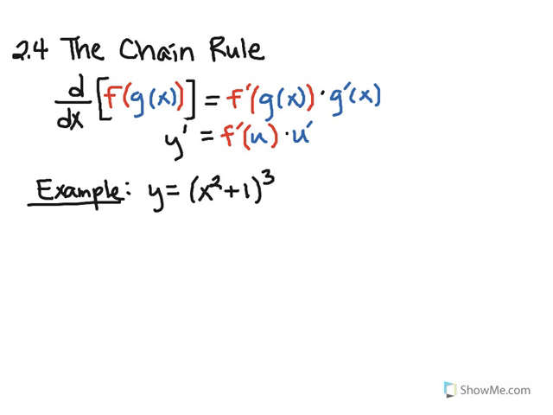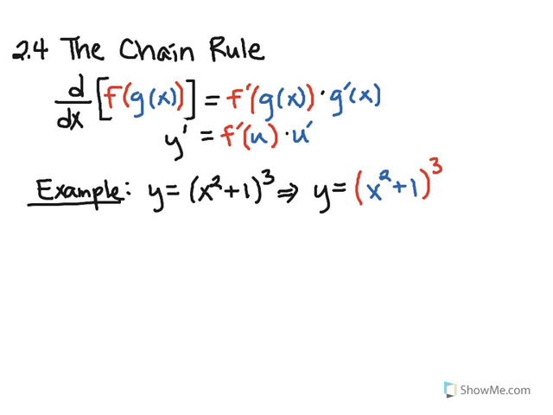So I'm going to rewrite this using color coding just like how I did up here with my Leibniz notation. And I'm a fan of the Leibniz notation, so I'm going to do that first, and then I will show you Newton. Okay, so what I can see here is that my outside function is acting as some term, the x squared plus 1, being cubed.